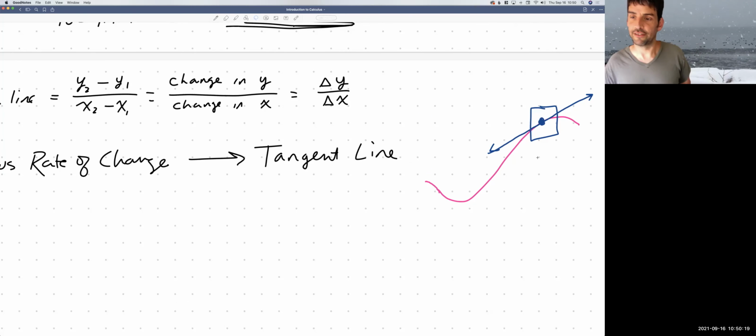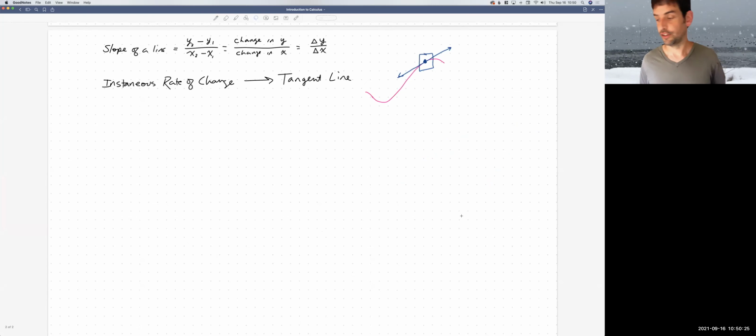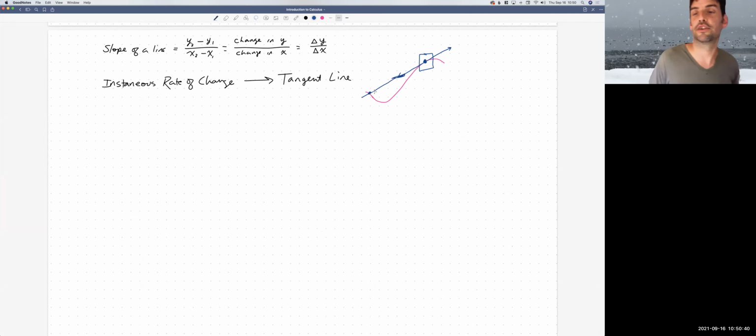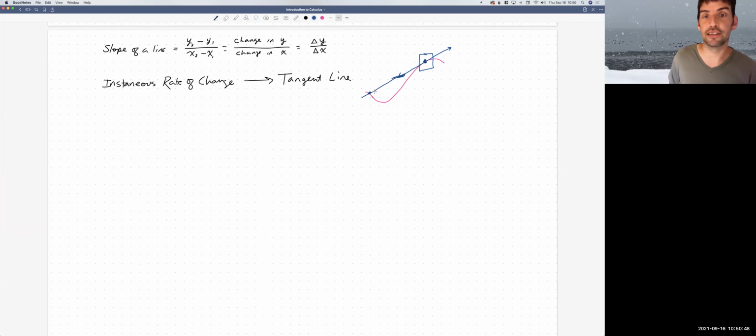It's hard to see on this, obviously, since I'm just drawing this by hand. But that's the idea: the tangent line is the line that looks like the graph the most right there. And this line I've drawn doesn't even intersect the graph in only 1 point. It hits it somewhere else. So the idea of 1 point isn't the crucial idea. The crucial idea is that it looks the most like our graph right there.